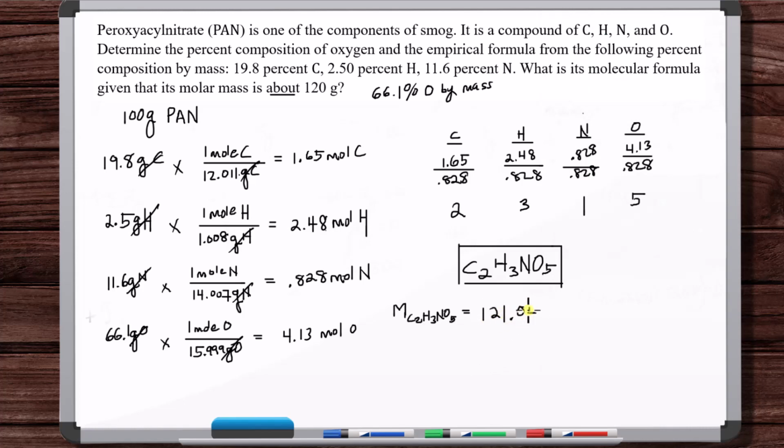It was 121.05. Okay, so this is also the molecular formula. It doesn't matter that it's not exactly 120. They said about.